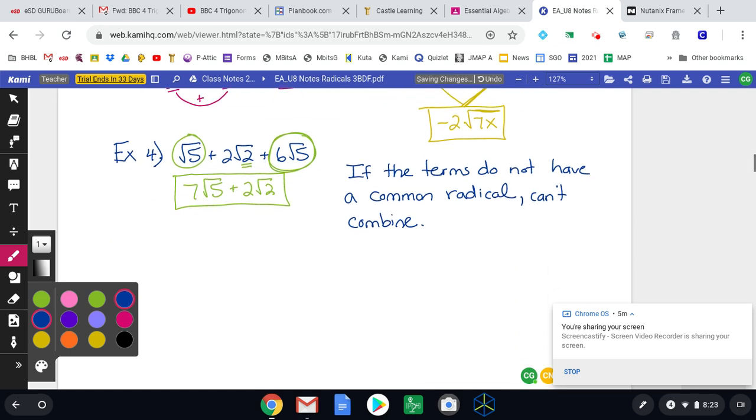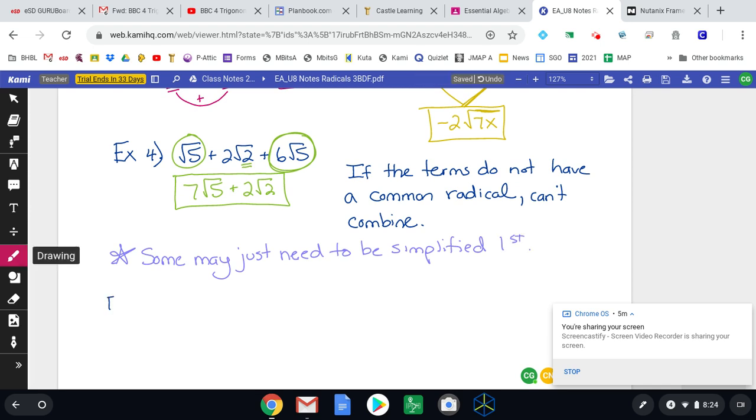But sometimes things might look like they're different, but they might be the same. But some of them may just need to be simplified. All right, so if I take a look, let's say example 5 here.